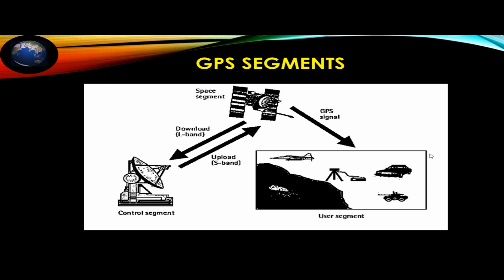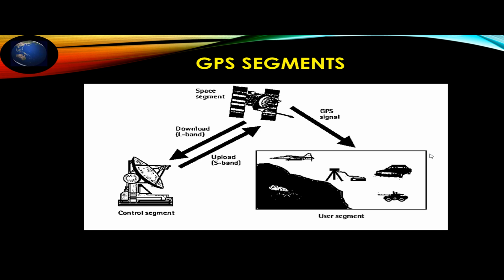GPS has three segments: space segment, control segment, and user segment. The space segment mostly comprises the combination of satellites in space.